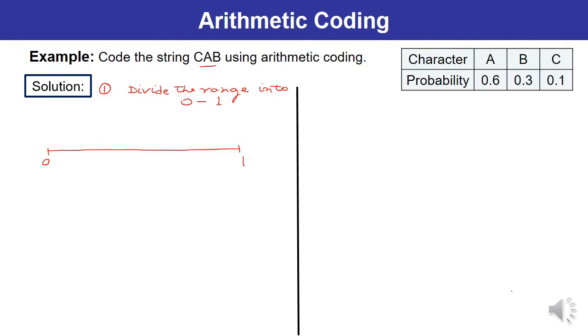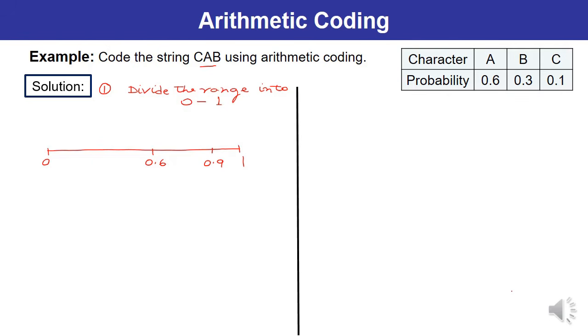Here you can see the probability of A is 0.6. So if 0.6 is somewhere here, B is at 0.3, meaning 0.6 plus 0.3 is 0.9.